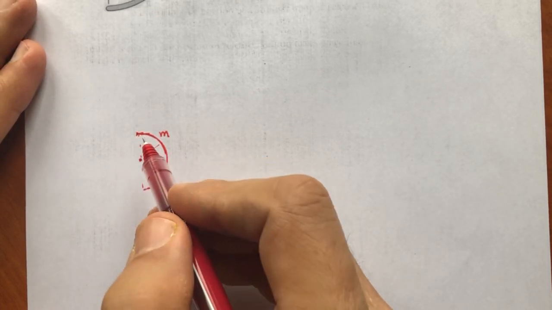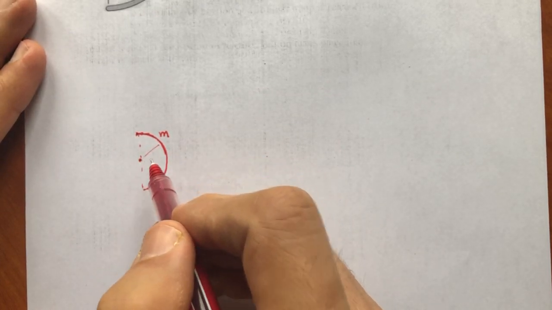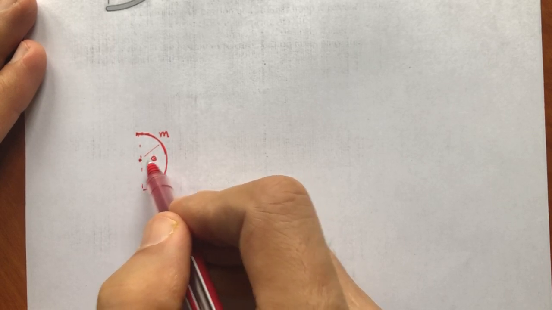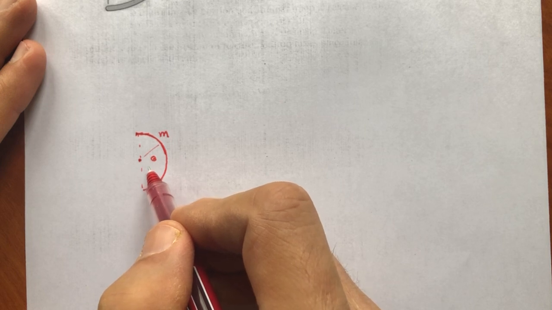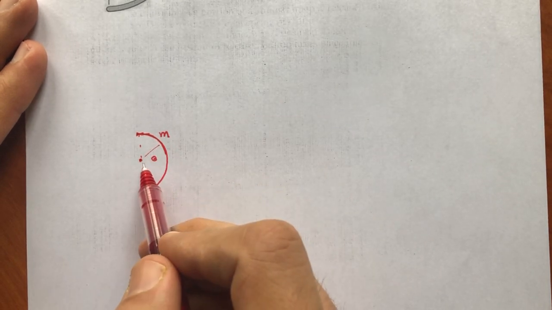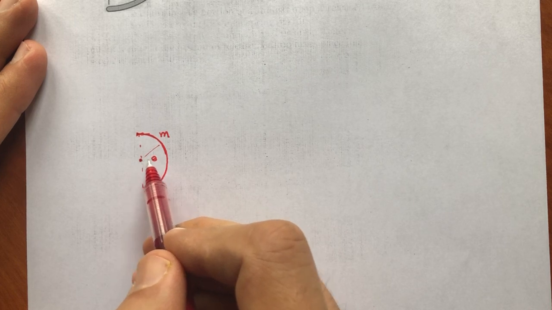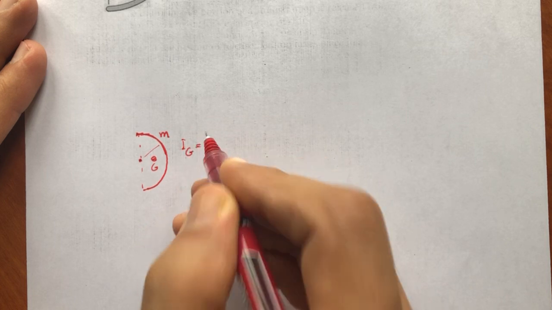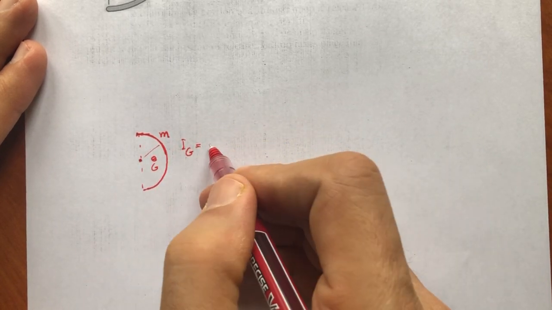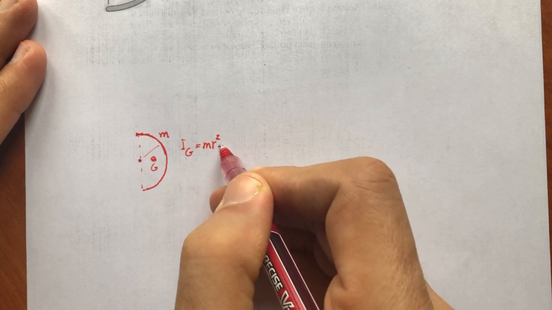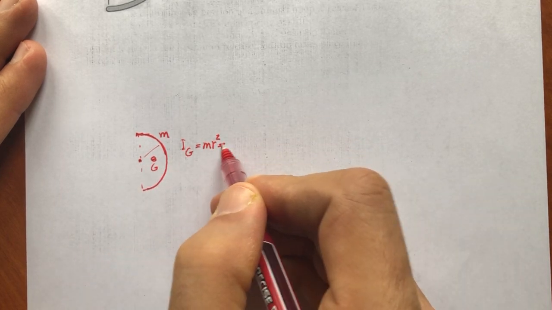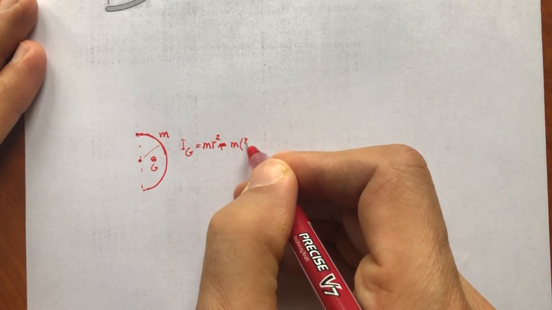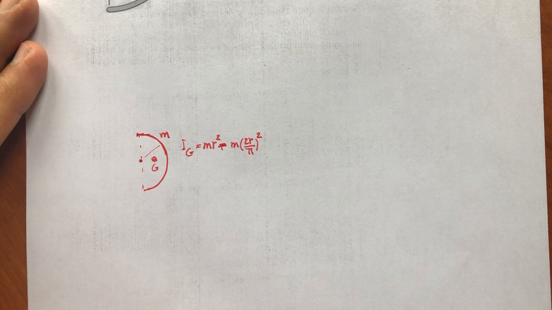How can I find the mass moment of inertia at this point? One way is finding the mass moment of inertia about the centroid, whose distance from the center of the circle is 2r divided by pi. You can use the parallel axis theorem between this point and this point. Then I about the centroid, Ig, is going to be I about the center of the circle, which is mr squared, minus mass times the distance squared, mass times (2r divided by pi) squared.